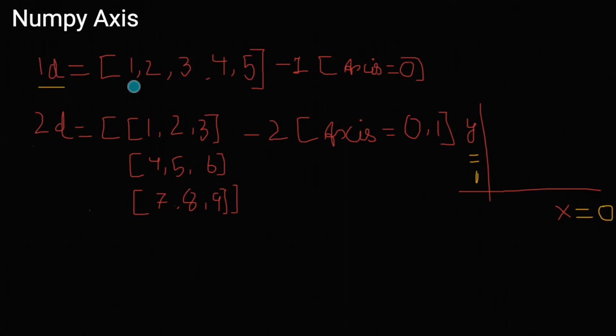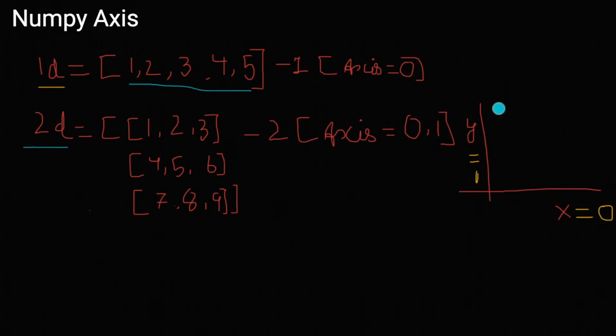So to represent 1, 2, 3, 4, 5 for 1D, I can represent this at 0 axis only. That will be enough because it's one dimension. But here in 2D arrays, I have different types of data. Here I need to represent with different types of axis. 0 axis won't be enough.